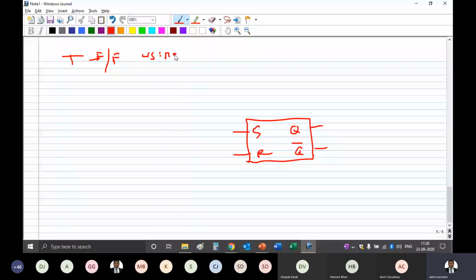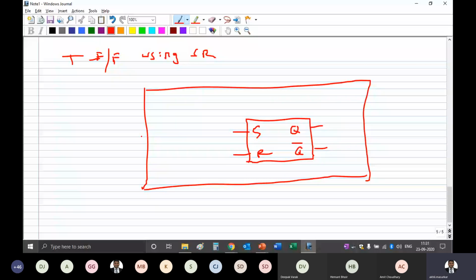Actually speaking, this SR will be inside a black box. I will give T here, this is going to be my T. It will also have a clock, and some outputs, Q and Q bar. SR is a part of it.